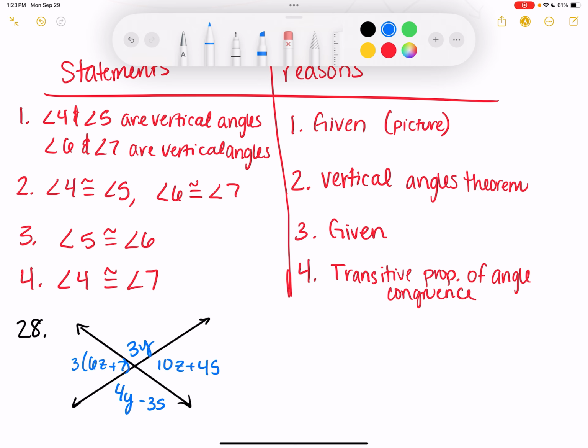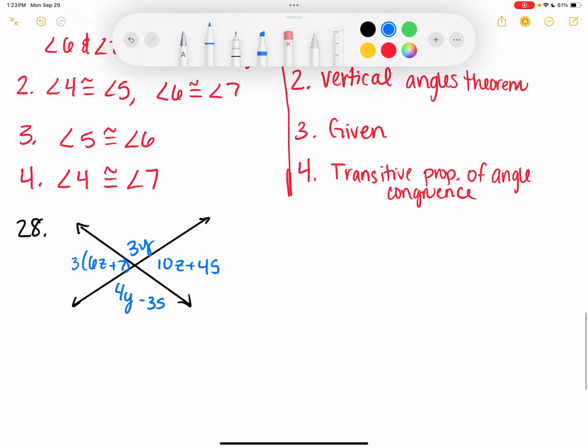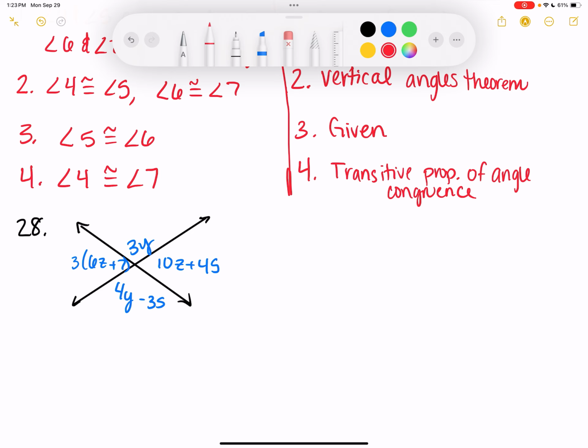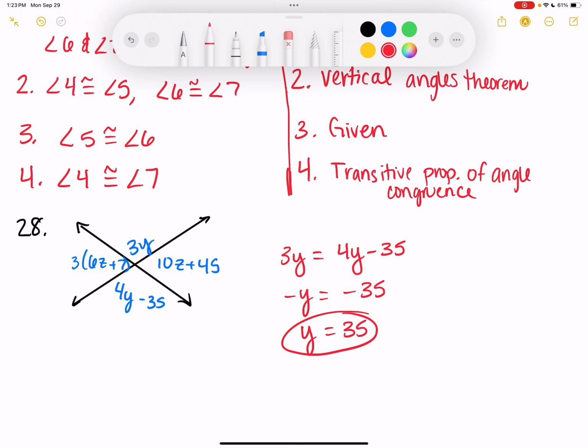And they want you to solve them. Well, I know vertical angles are congruent, meaning that their measures have to be equal to each other. So I would say that 3y is equal to 4y minus 35. They just want us to solve for the variable. So subtract 4y, so I get negative y is equal to negative 35, meaning that y is equal to 35.